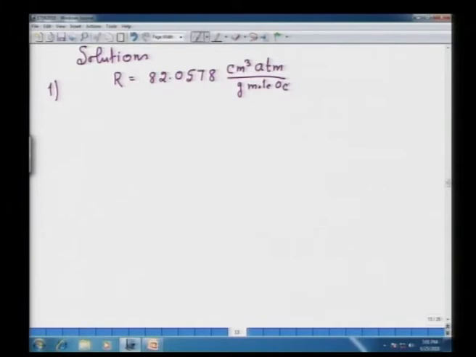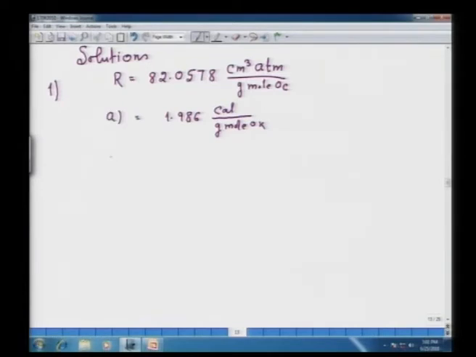Now, we have to get it in CGS units. All that you have to do is interconvert it, and I am straight away giving the answer. The answer will be 1.986 calorie per gram mole degree Kelvin. That is the answer for part A.